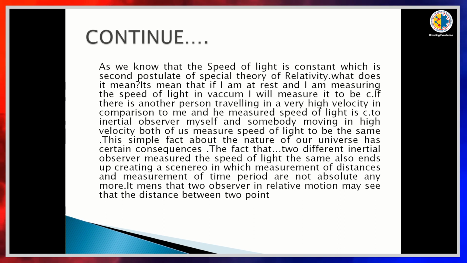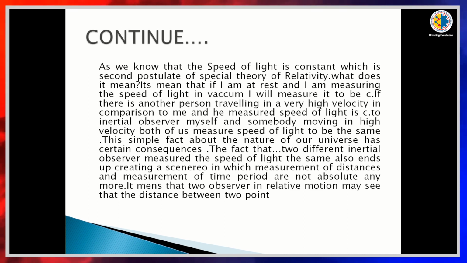This simple fact about the nature of our universe has certain consequences. The fact that two different inertial observers measure the speed of light the same also ends up creating a scenario in which measurement of distances and measurement of time periods are not absolute anymore. It means that two observers in relative motion may see different distances between two points.